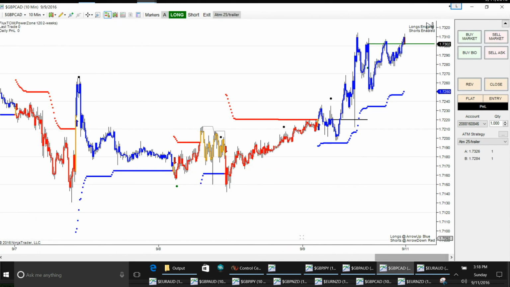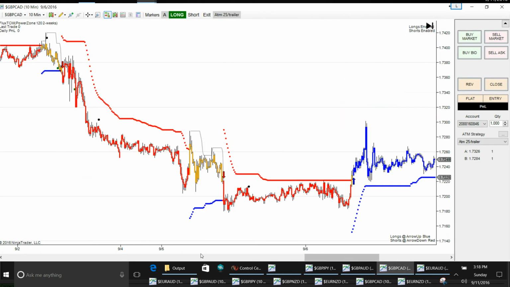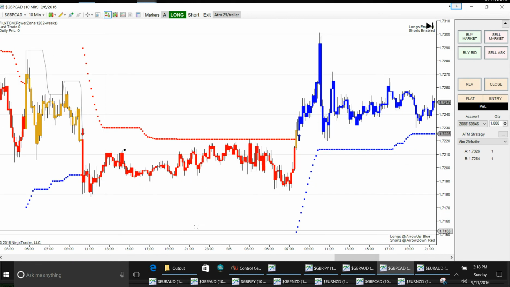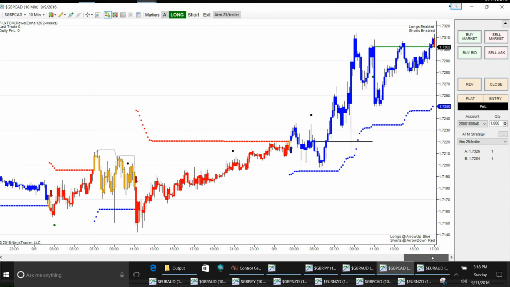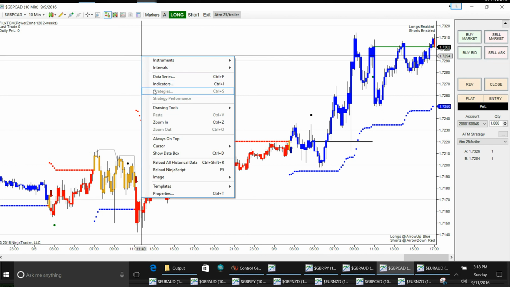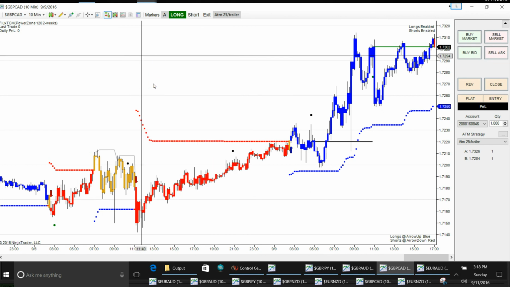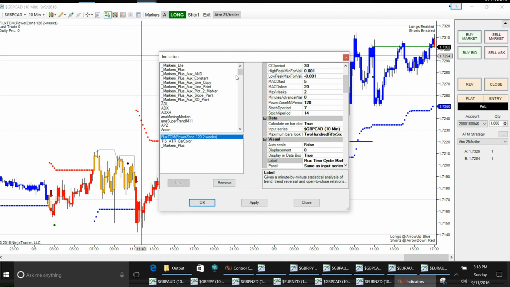And pound CAD, I haven't had it on longs on this as well, but pound CAD is pound Canadian. Let me see if I got my supply and demand zones in here. No, I don't. Let's just put that on there.